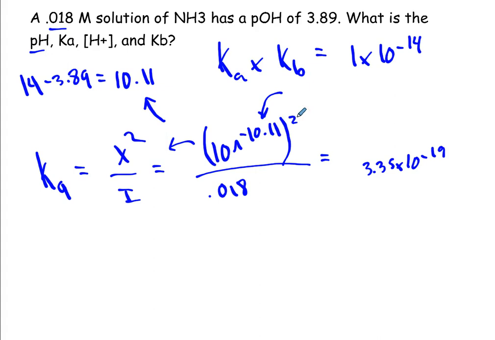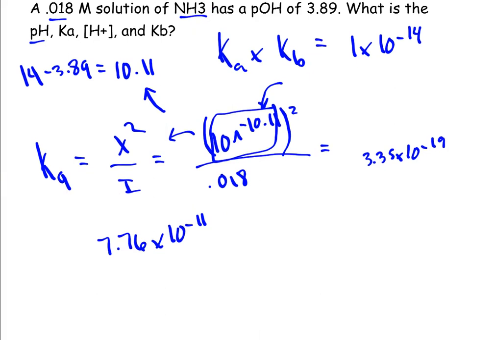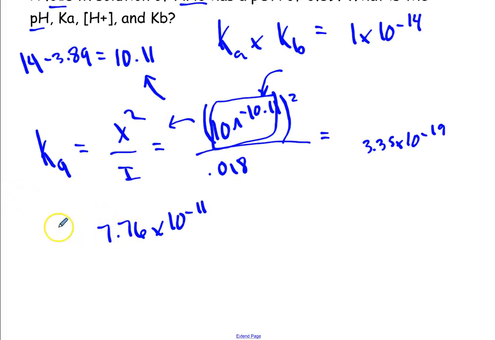Because remember, x is what H plus is. We would have squared it. So does anyone still have that number in their calculator? Okay. And that's fine because this is a really small number, but that's for H plus, and we're talking about a base. So that's fine. Now, what's that? Yeah, this is your H plus concentration.